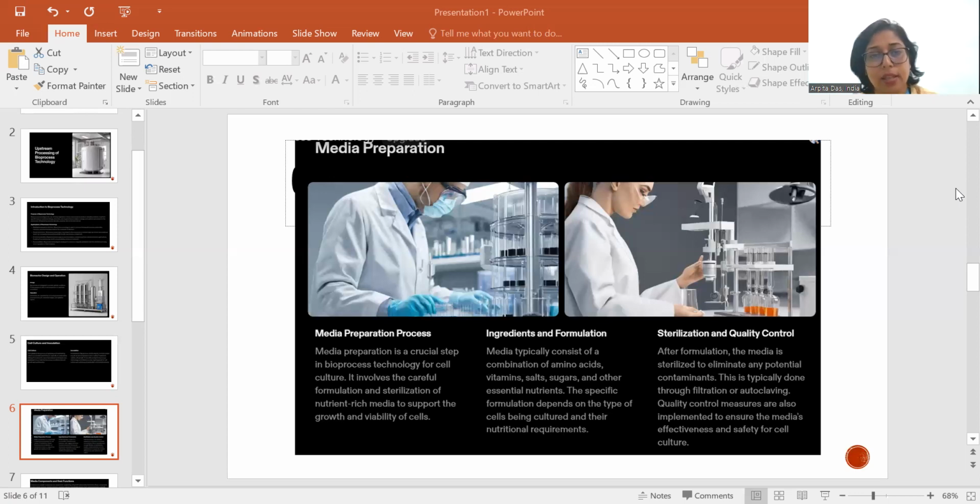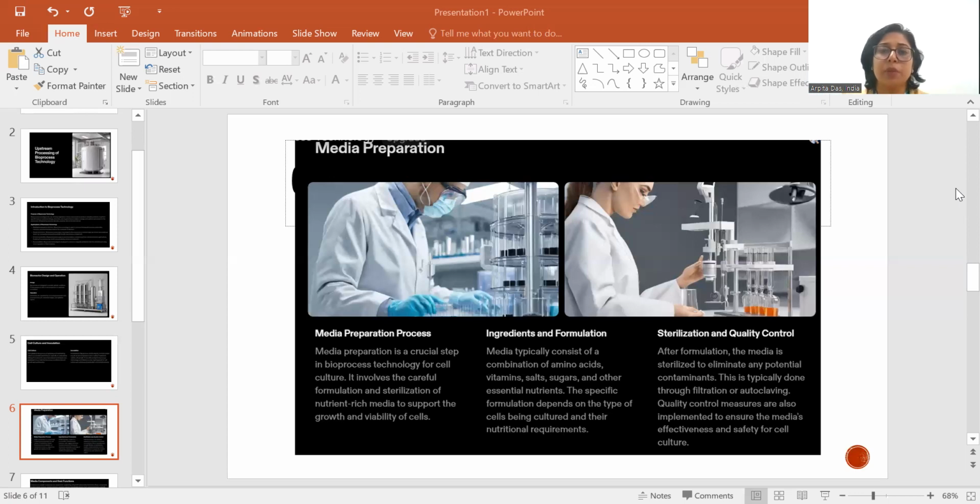So in that case, certain buffers are added. So calcium carbonate, phosphates can be utilized as buffer resources. Now, for the media formulation, in some cases, we use precursors and inducers for the perfect production of the end product.